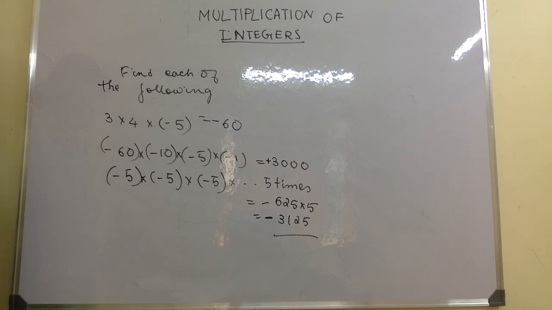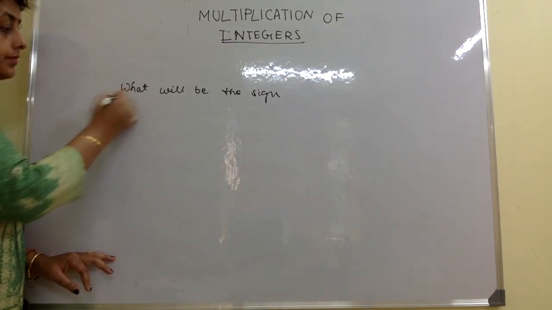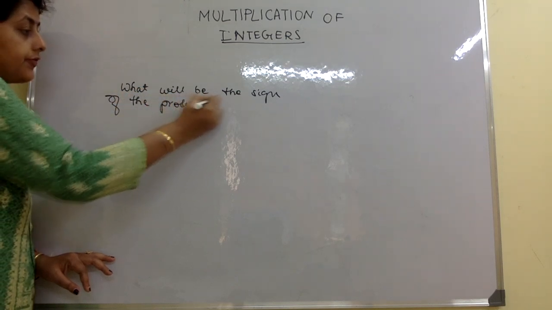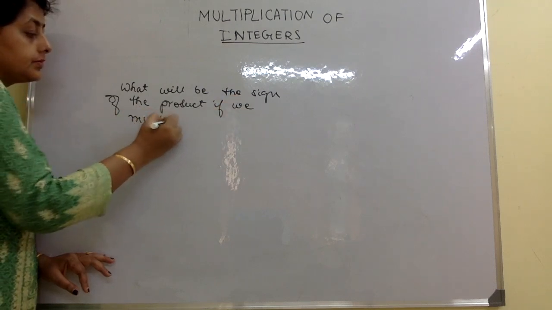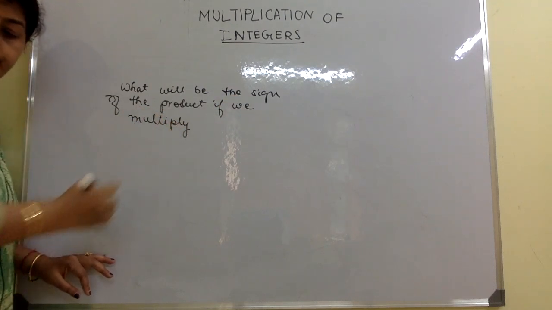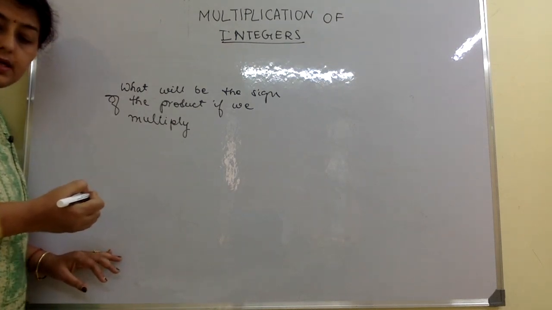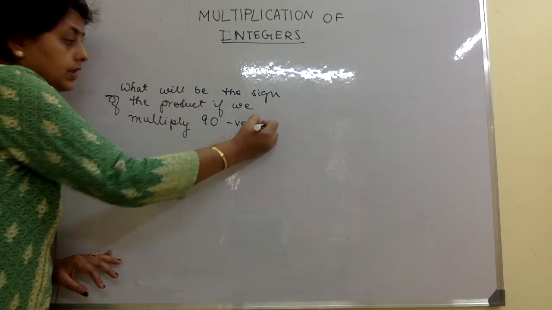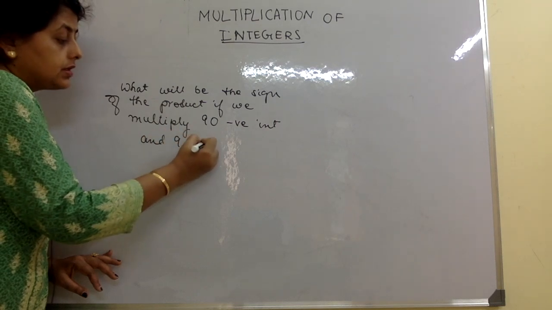Now what will be the sign of the product if we multiply 90 negative integers and 9 positive integers?